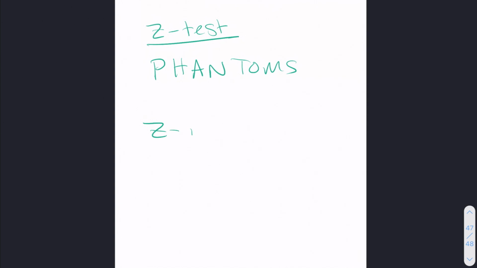I know that that's a lot. So we now have a z-test, which is phantoms, and we have a z-interval, which is panic. The rest of this week, we're going to work on practicing hypothesis testing.